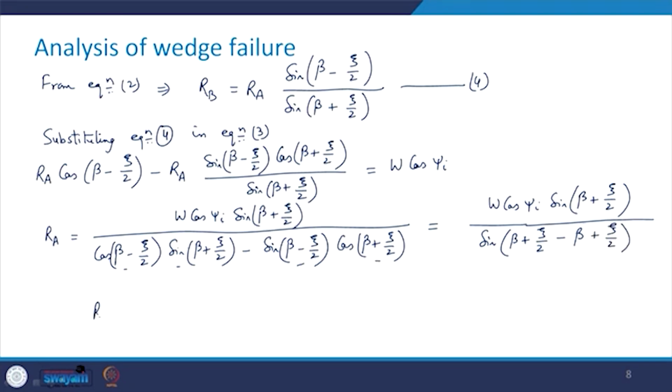So RA we can get from here as W cos psi i sin of beta plus zeta upon 2 divided by sin zeta. This is how we get the expression for RA, and I am making it as equation number 5.